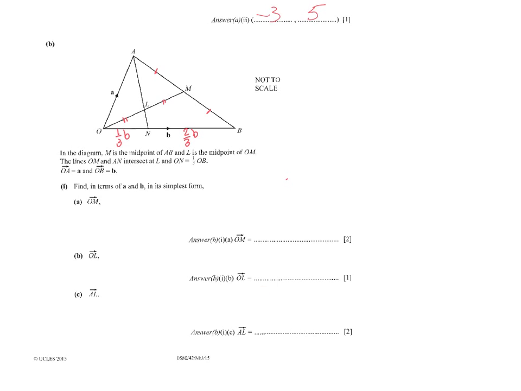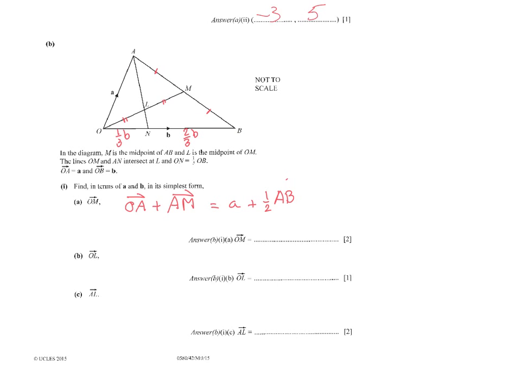So I'll say OM is the vector OA plus the vector AM. Okay, do you agree with that? Now OA is A, plus the vector AM, which is half AB. Agree? So I have to do A plus half AB, from A to B, and then half it.